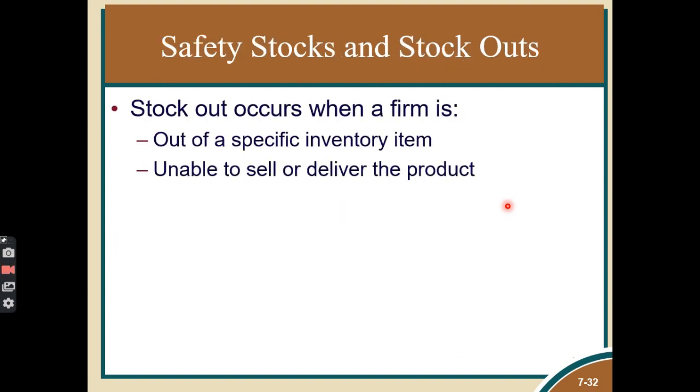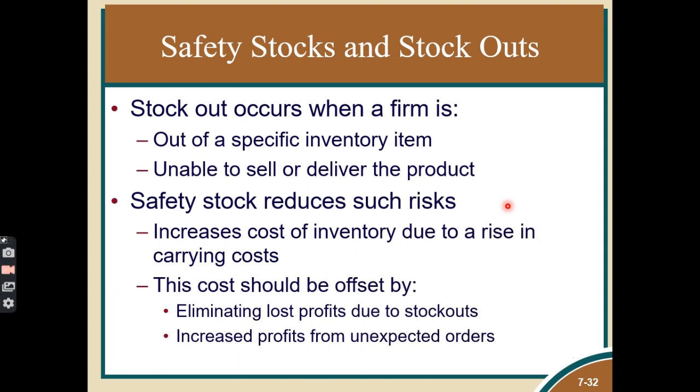Okay? Next, we also need to consider safety stock and stock outs. This is in relation to your inventory and your sales, and your production, or your sales and your stock, the number of inventories that you have. So there is what we call a stock out, which happens whenever an item is out of stock.